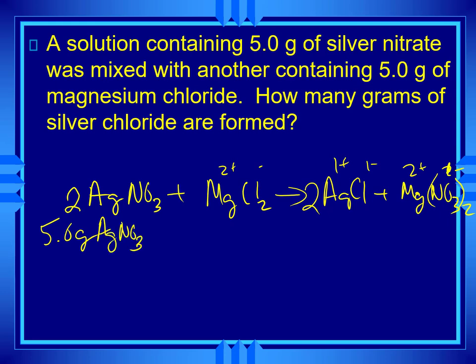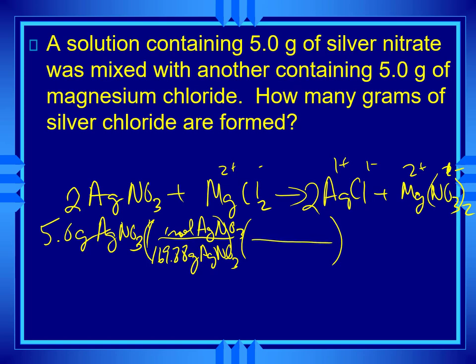So I take the 5 grams of silver nitrate, change the grams of silver nitrate into moles of silver nitrate. 1 mole is 107.87 plus 14.01 plus 48 is 169.88 grams. Moles of silver nitrate to moles of product.